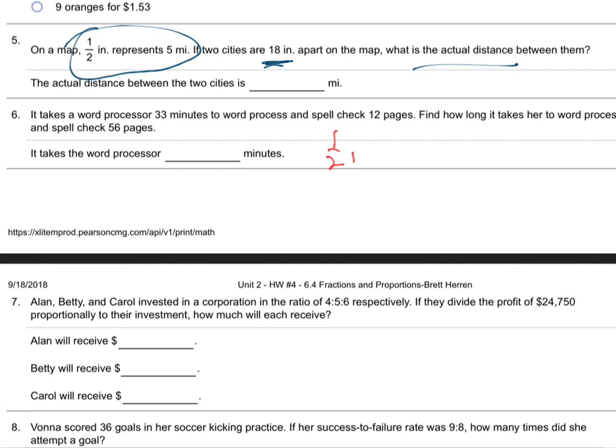A half an inch on the map is 5 miles of actual distance, and that's equal to 18 inches on the map, x miles, and then we can solve for x. Do you see how I set that up? A half an inch for every 5 miles, so 18 inches goes with how many miles?